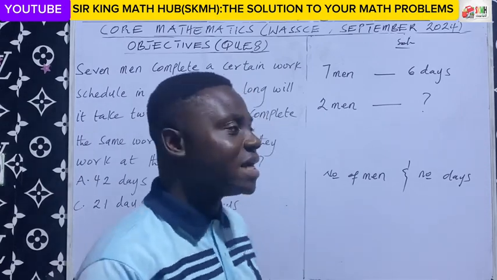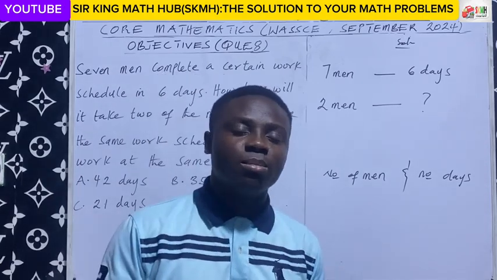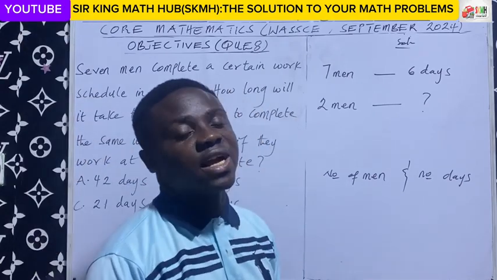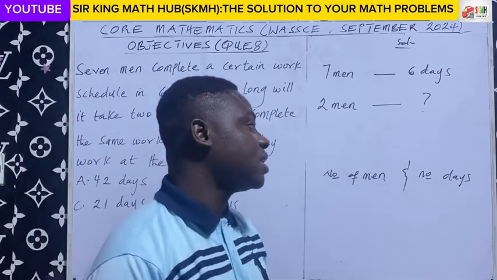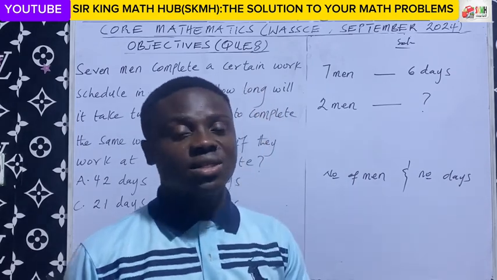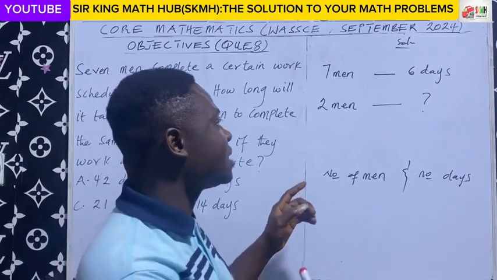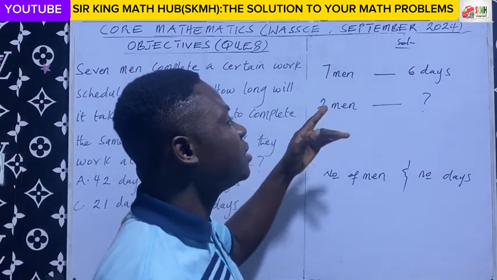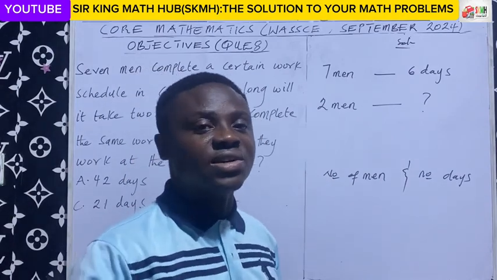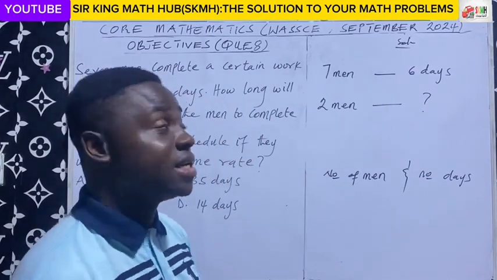On the other hand, with that same piece of land, if we employ few laborers, you see that it will take them a longer period of time to complete the work schedule on the land, provided they work at the same rate. So you can see that as one quantity increases, it is causing a corresponding decrease in the other quantity. So that is an indirect proportion.